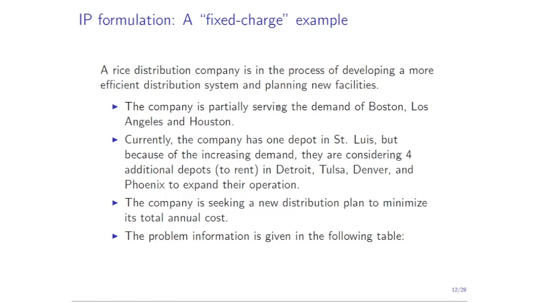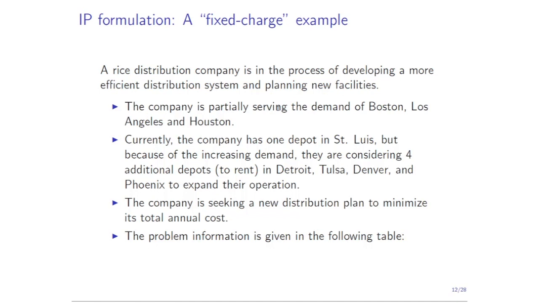Okay, this concept is known as a fixed cost or fixed charge, and here we are looking at an example of this type. A rice distribution company, actually a distribution company, I have chosen to put rice in here because we want to focus on the fixed cost part, not introducing integer variables because they naturally must be integer.